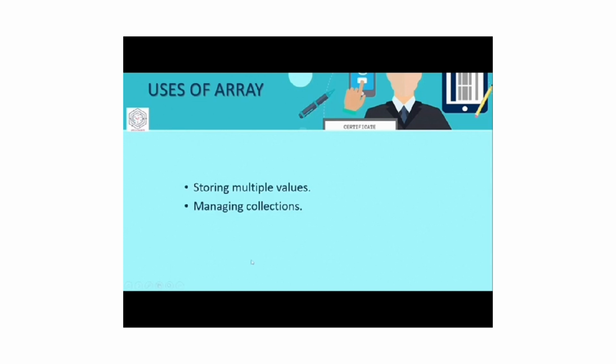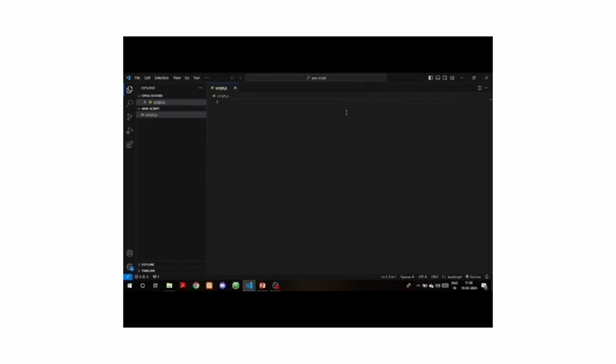Then, managing collections. Arrays are useful for managing a collection of objects or data. Let me show an example for managing a collection. Let me name it users is equal to. Now I open an array.